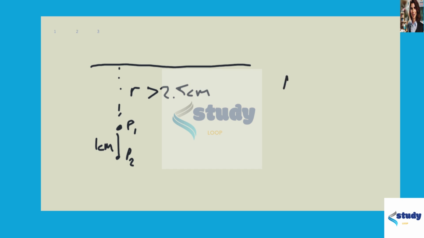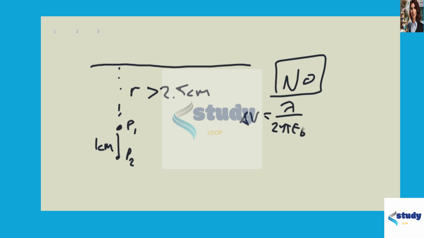The answer is no. First, you can see this simply by plugging into our voltage equation. Delta V was lambda over 2 pi epsilon naught times the natural log of r1 over r2. If you plug in r1 and r2 that are bigger than in part A, you get a delta V that is smaller.